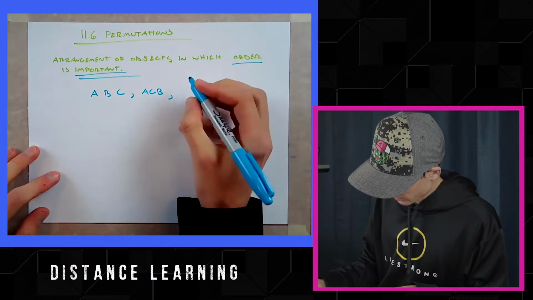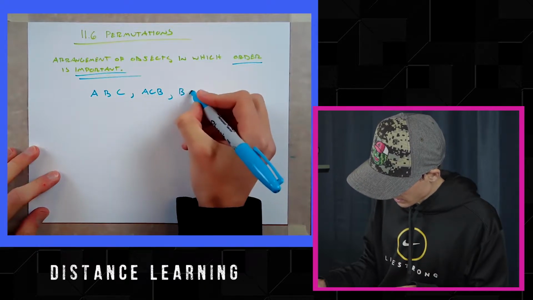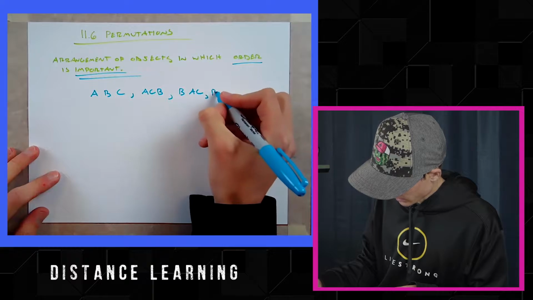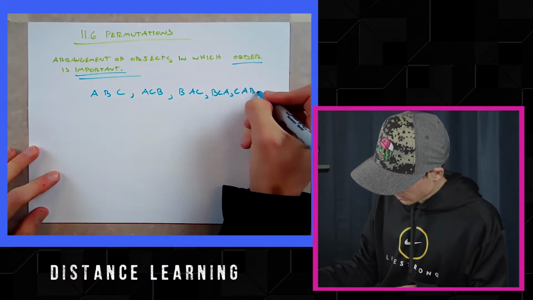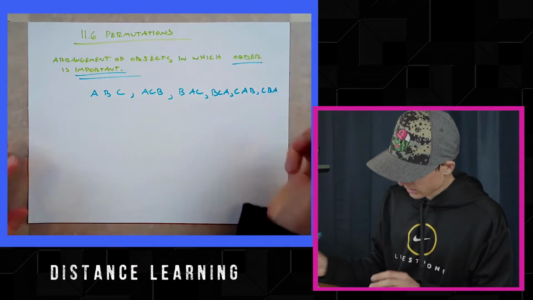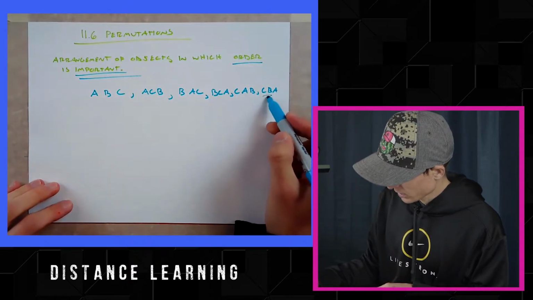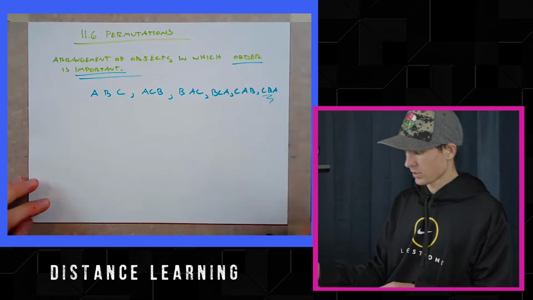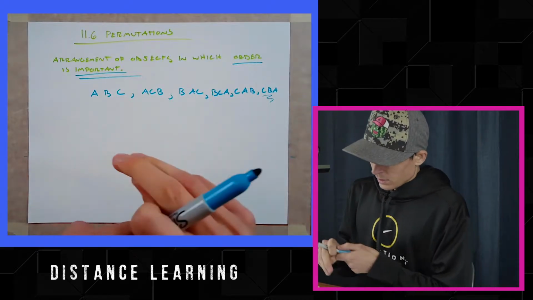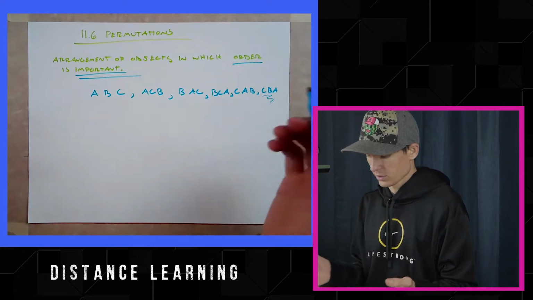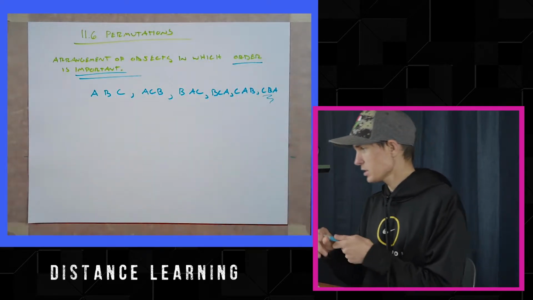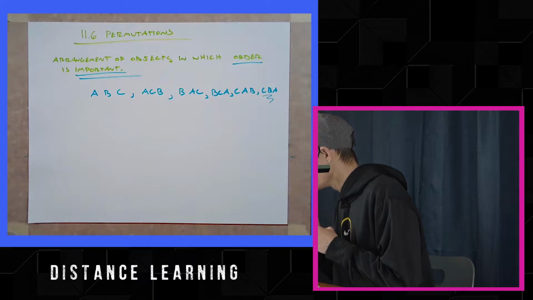I could have BAC. I could have BCA. I could have CAB. Or I could have CBA. I used to have the CBA building, the business administration building. So the order in this case makes a difference. Depending on what letter you have first, second, third, order matters.